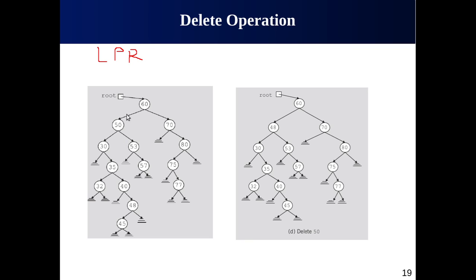This is the parent, go to the left. Parent, go to the left. Now traverse this left child, which is 30. After left, come to the parent. The parent is 50. Traverse it. Then come to the right side.